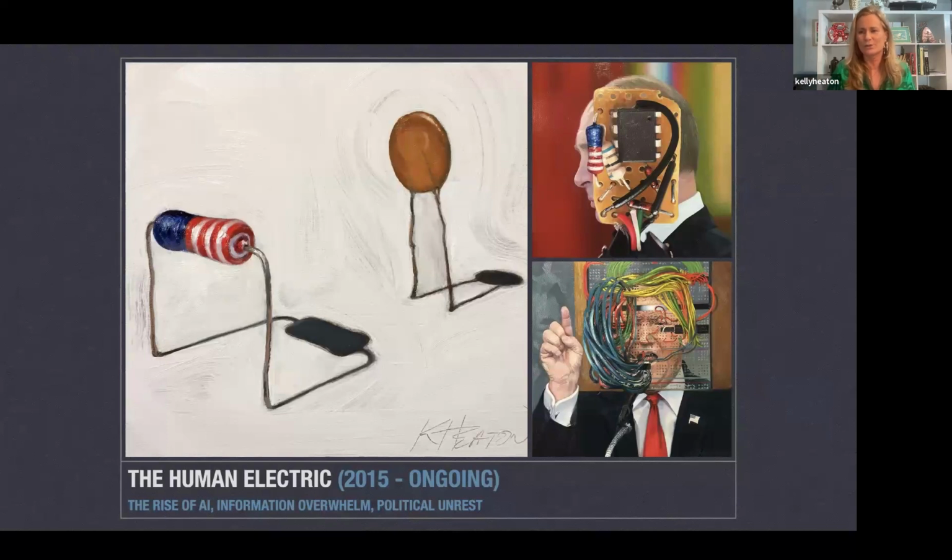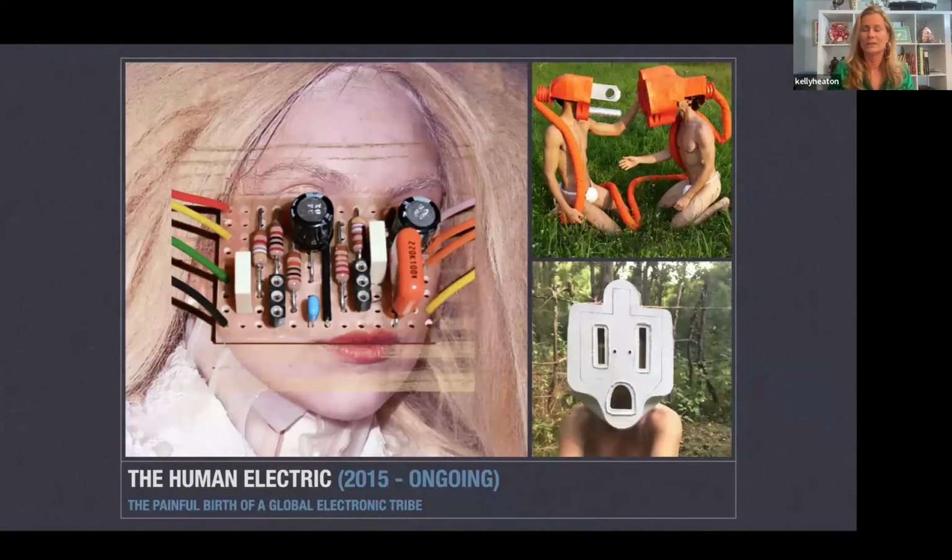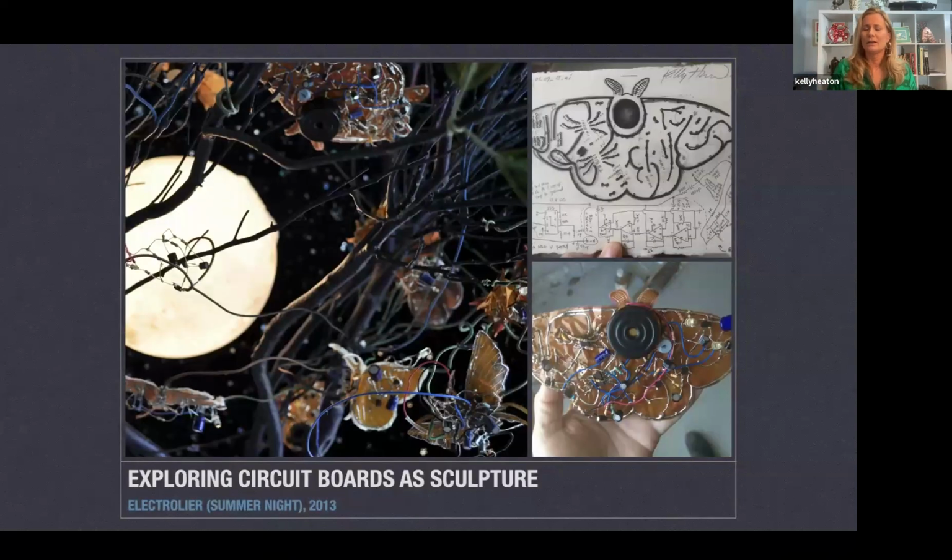And then, of course, Donald Trump in the bottom. And today, I don't know if you guys know, but he had his big stock market IPO. Honestly, these paintings are more relevant now than ever. But so this idea of the human electric, what was happening to society and what was happening to our humanity, that social media and false news and cyber warfare was increasingly infiltrating our society.